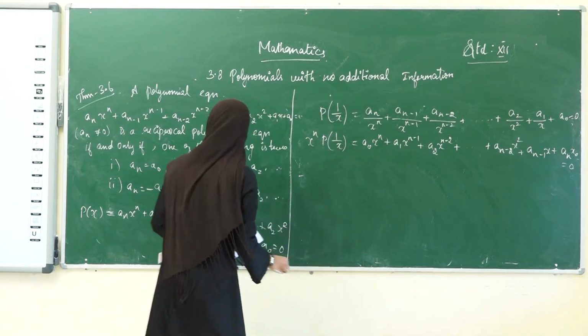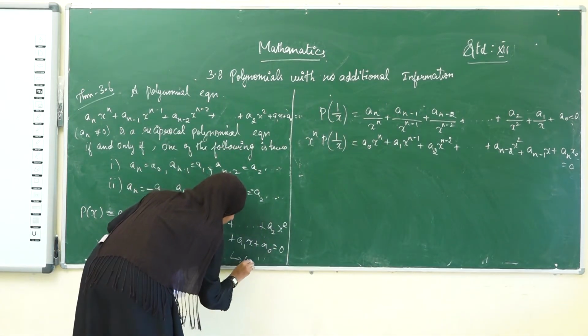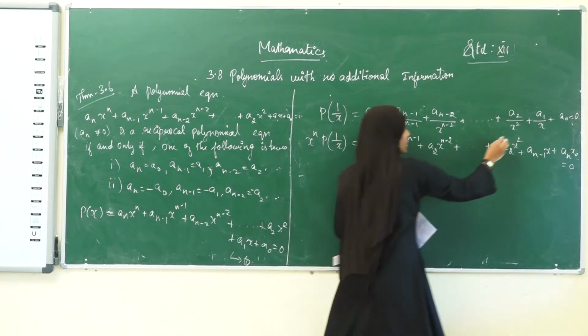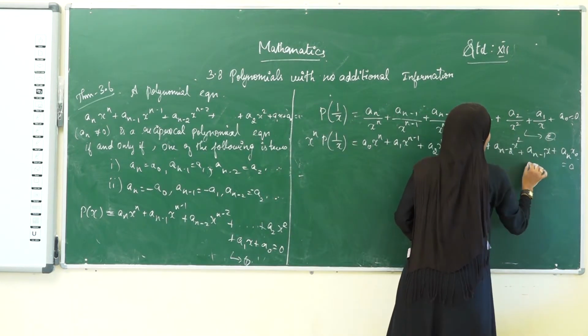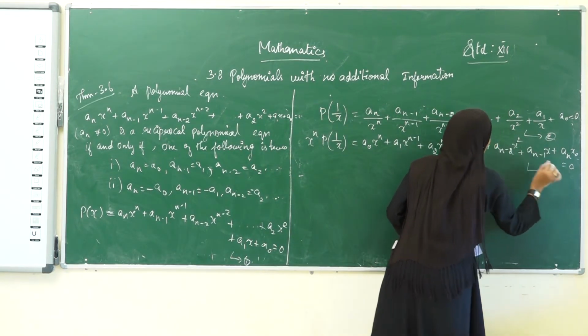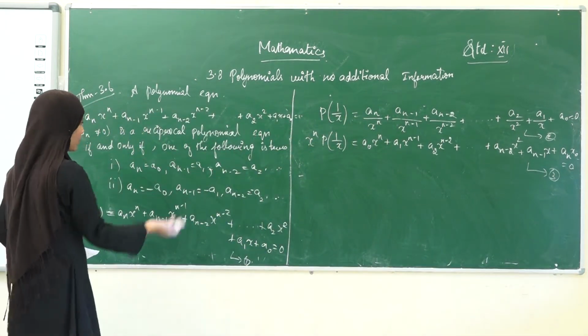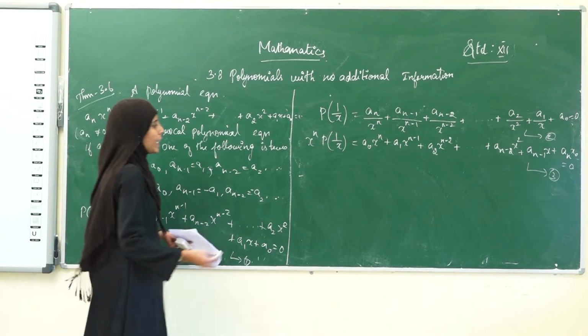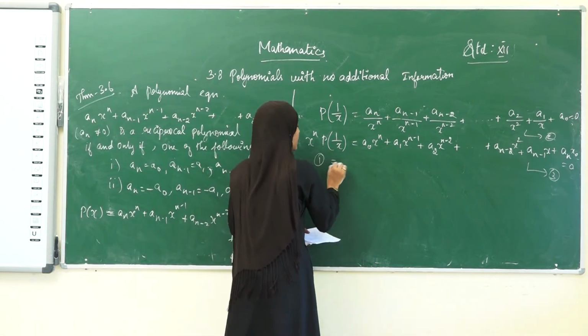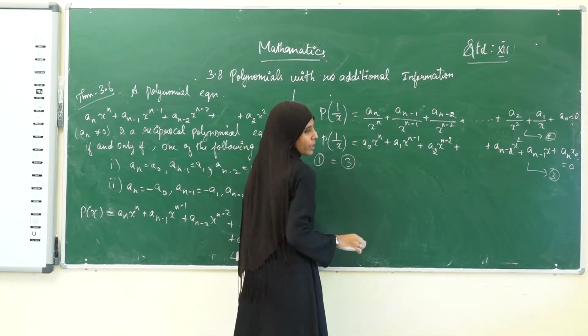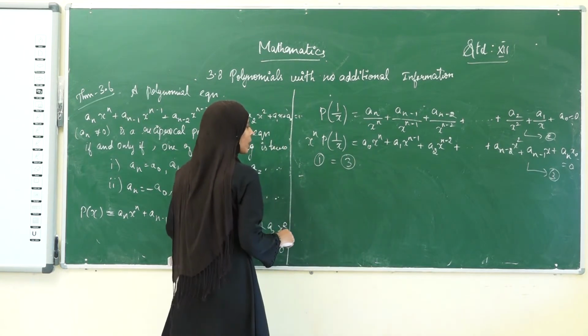Okay, let this be the first equation, this be the second equation, and let this be the third equation. See here, consider the first equation and the third equation, they are both the same, right? First equation is equal to third equation, they both are same. Then how can we write?